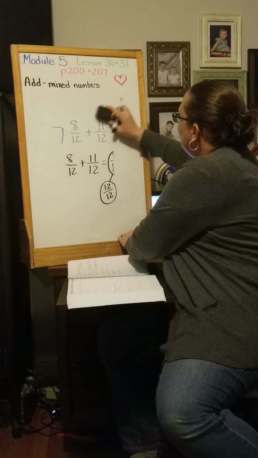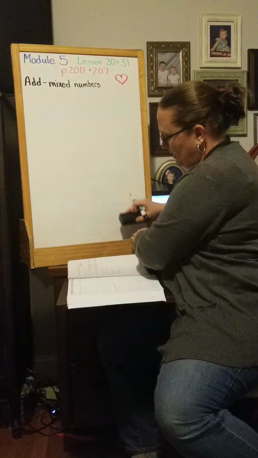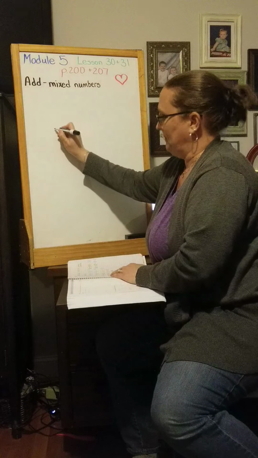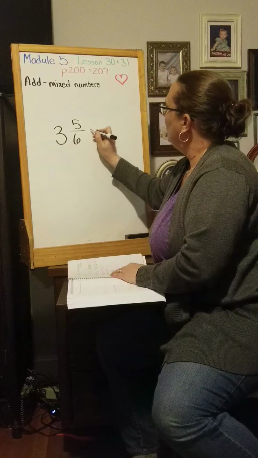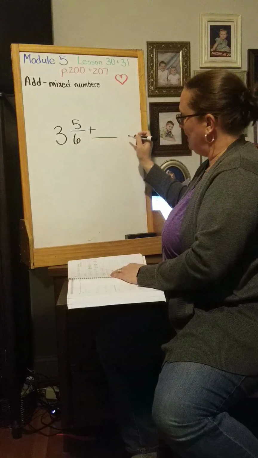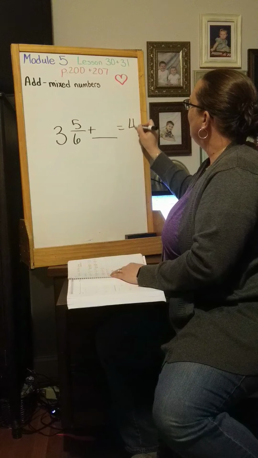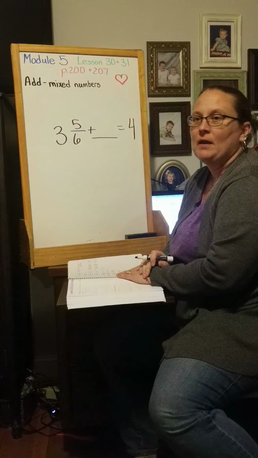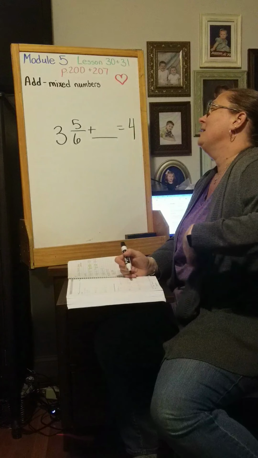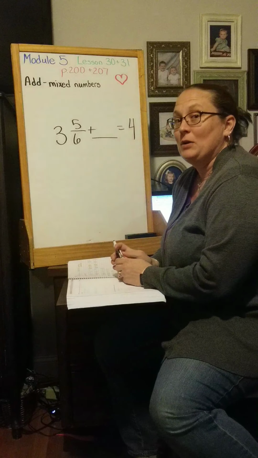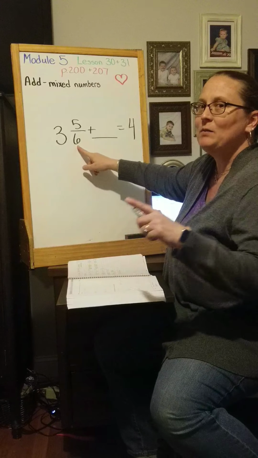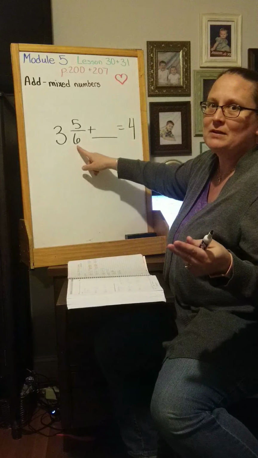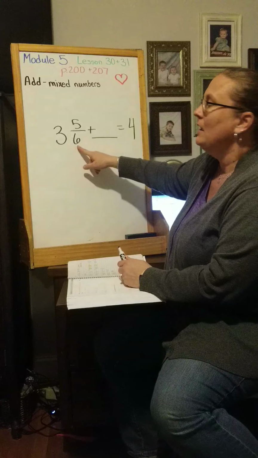All right. Do a couple like this real quick. So if we have 3 and 5/6 plus blank equals 4 wholes. Can we figure out what we're missing in the blank? We could, couldn't we? Because we would just need to think about, well, what else do we need? We've done this a couple months ago now, seems like.